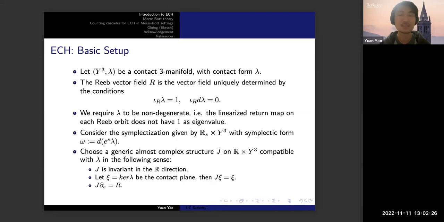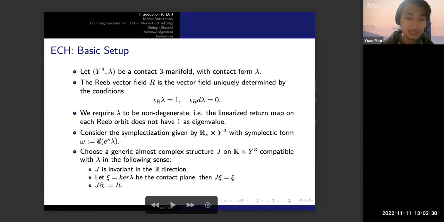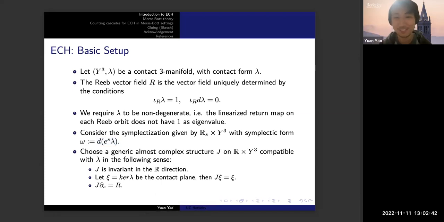As I said, this is a theory that counts J-holomorphic currents. So where do they live? They live in a symplectization of Y, which is Y crossed with R, and you equip it with this symplectic form, which is the one commonly used in lots of other settings. You choose a generic almost complex structure on the symplectization, compatible with lambda in the following sense.